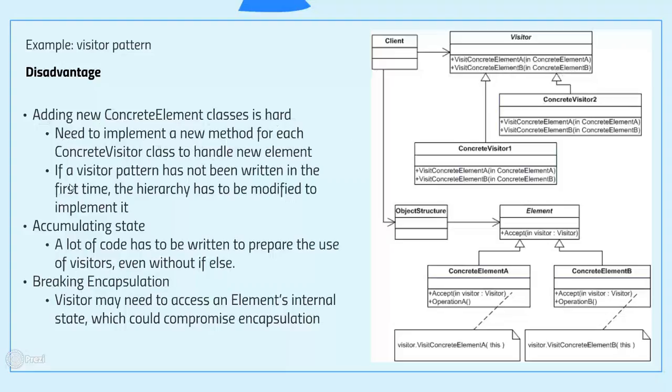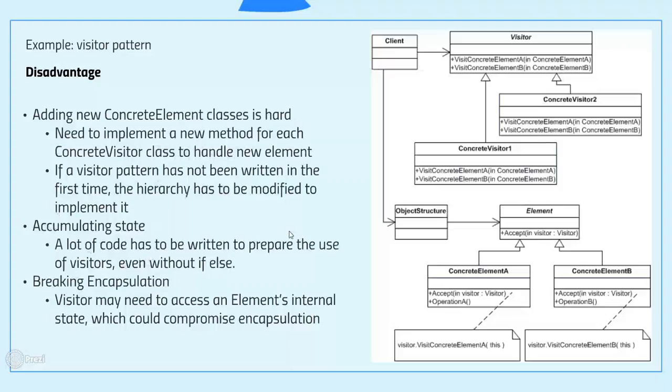Second, if the visitor pattern has not been written the first time, the hierarchy has to be modified to implement it. Again, it is about accumulating state, because a lot of code has to be rewritten to prepare for the use of visitors, even without if-else conditions.